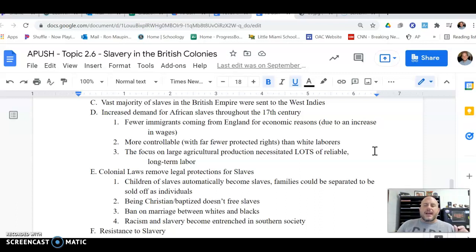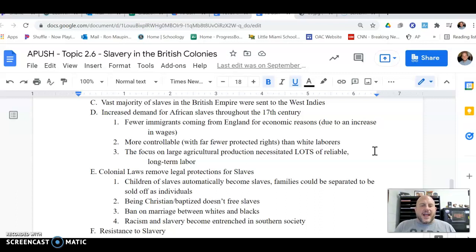We also are seeing a slight decline in immigration to the colonies right around 1700 or so, due to improving economic conditions back in Europe, particularly England. So remember, the number one reason why people move is for economic purposes, and if the economy is doing better back where you already are, you're less inclined to move somewhere else.